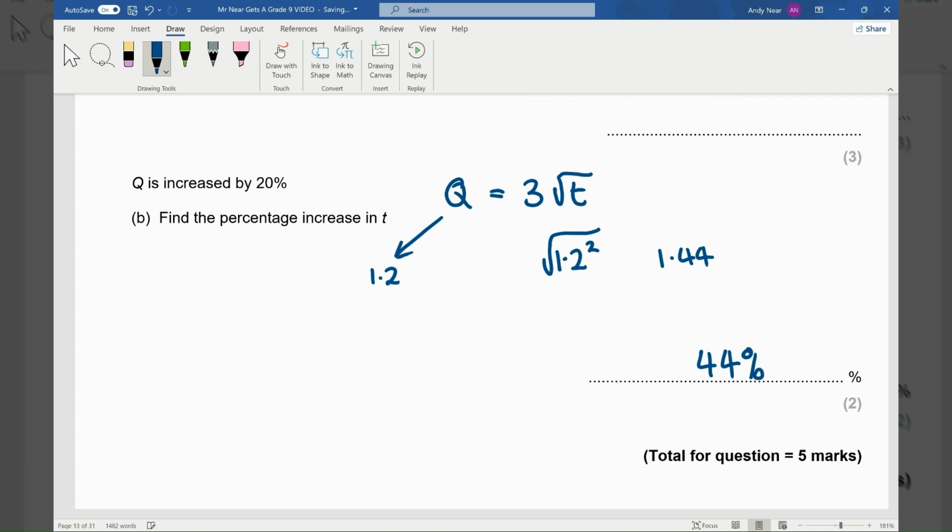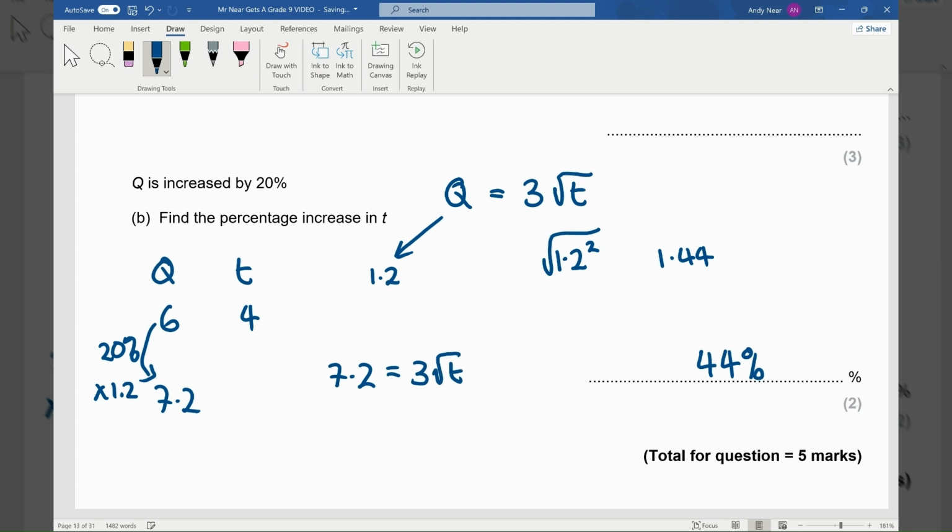Now, that's a little bit awkward, but there is another way you could tackle this. You were told that Q was equal to 6 when t was equal to 4. If you increase this by 20%, you would multiply it by 1.2, and you'd get 7.2. So your equation now would be 7.2 is equal to 3 times the square root of t.